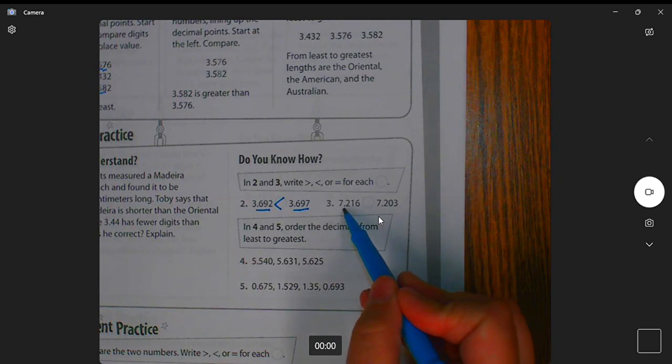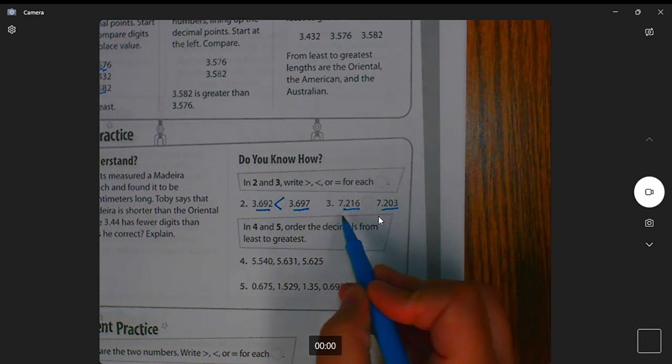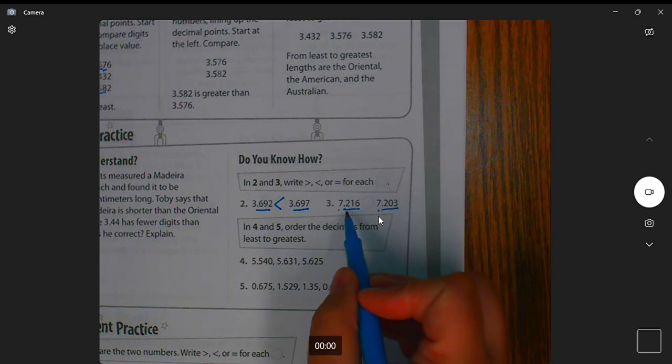Okay, same thing. I have 1, 2, 3 behind the decimal on both sides, so I don't need to put any placeholders. Look at your ones position. 7, 7. Are they equal? 2, 2. Are my tenths equal to each other?